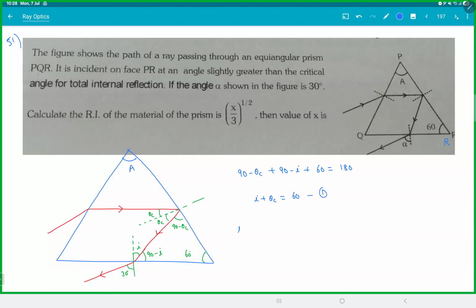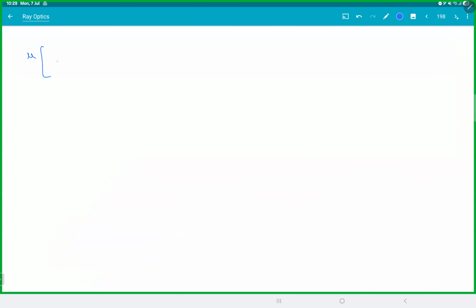Next thing, if I apply Snell's law there, mu sine I is equal to sine 30. I will be 60 minus theta critical. This is equation 2. And I also know sine theta critical is 1 by mu. Expand this. So that looks like sine A minus B. Sine 60 cos theta critical minus cos 60 sine theta critical.